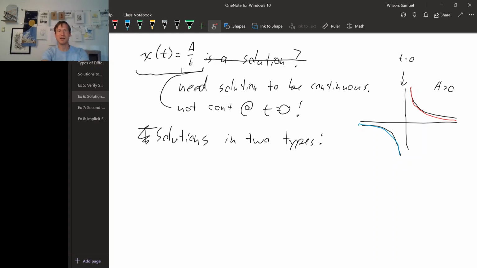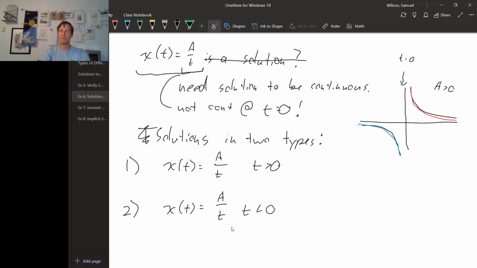And those are the two types that I'm referring to. The first collection of solutions is x of t equals A over t, but t has to be positive. And the second collection of solutions is x of t equals A over t, but t is negative.